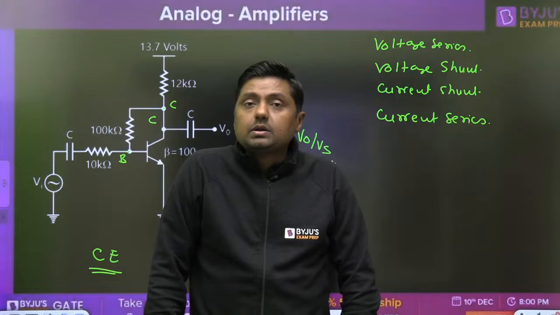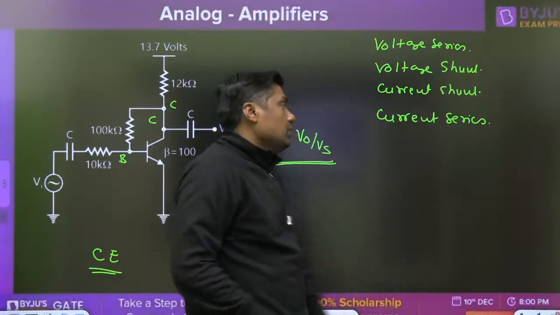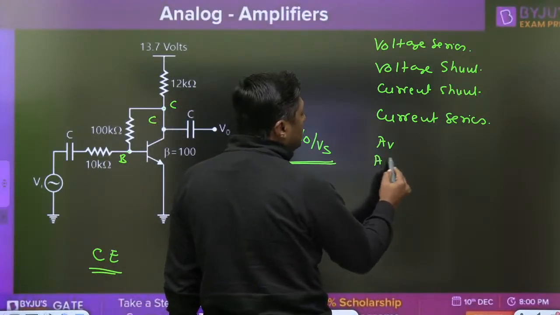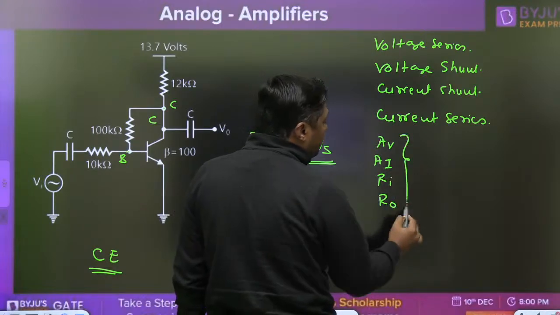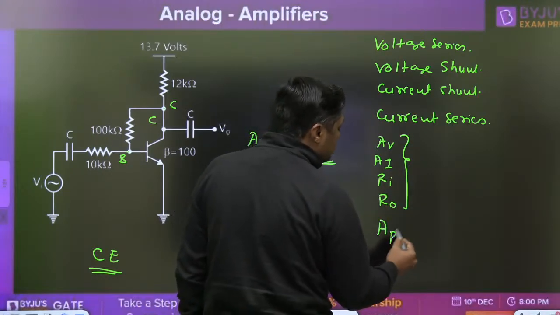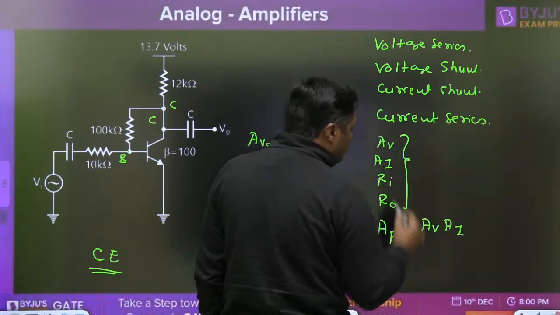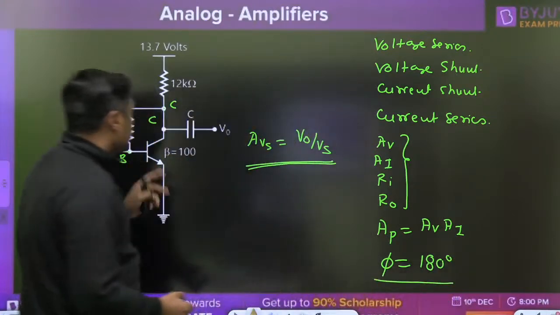Voltage gain moderate, current gain moderate, but the power gain is highest for this diagram. Everything is moderate. AV moderate, AI moderate, RI moderate, R0 moderate, but power gain is highest. Most popularly used configuration, 180-degree phase shift, common emitter.